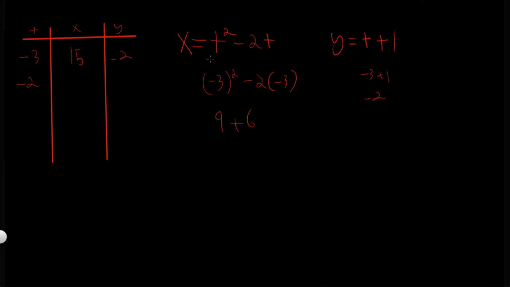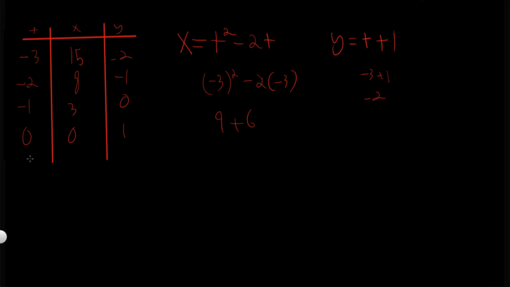If we plug in -2, we get -2 squared, which is 4, minus 2 times -2, so it's plus 4, so that's 8. For our y value, we get -1. Let's go a little bit quicker here. If we plug in -1, we get 3 for x, and 0 for y. If we plug in 0, we get 0, and then 1 for y.